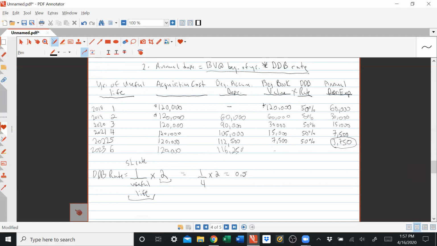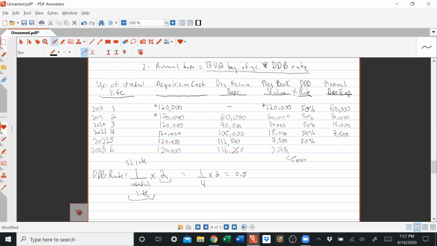And so the book value of the asset at the beginning of year 6 would be how much? 120 minus 116,250. Would it be lower than 5,000? Yes, it would be 3,750. That's less than 5,000. So we made a mistake. We recognized too much depreciation in year 5. We can't recognize 3,750.